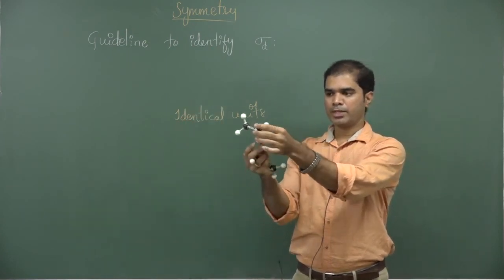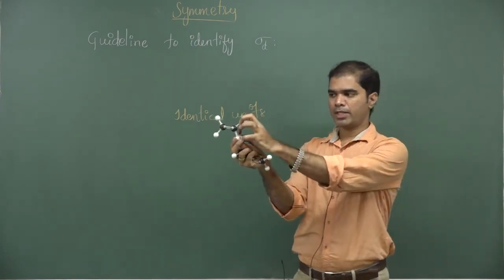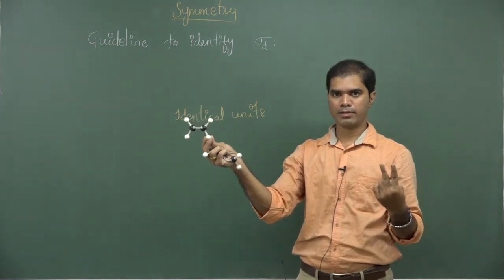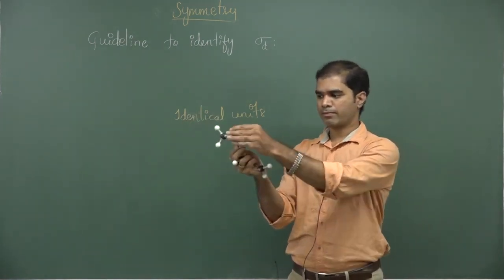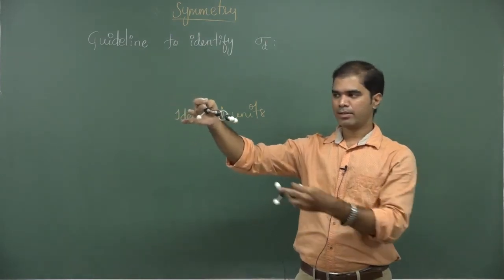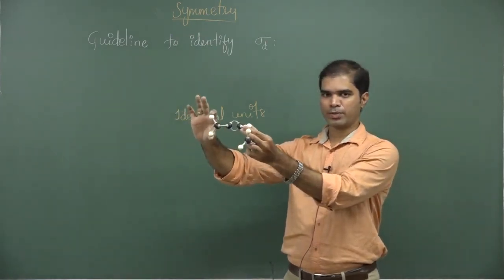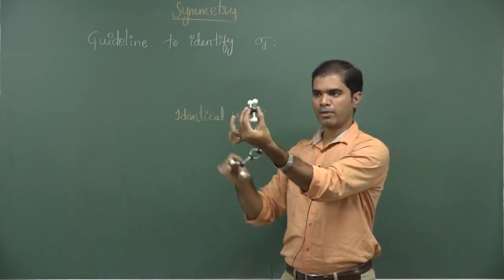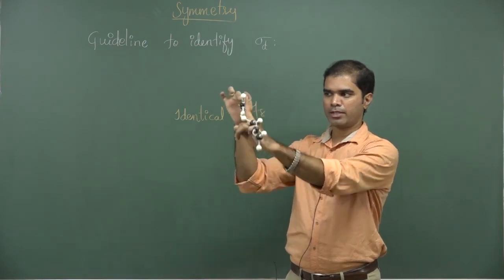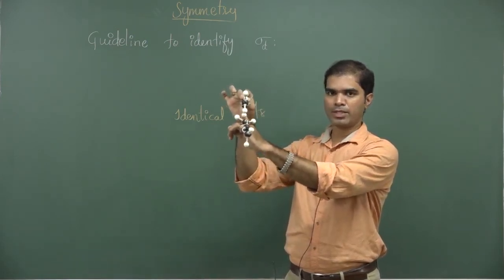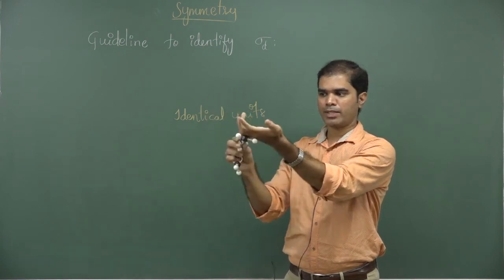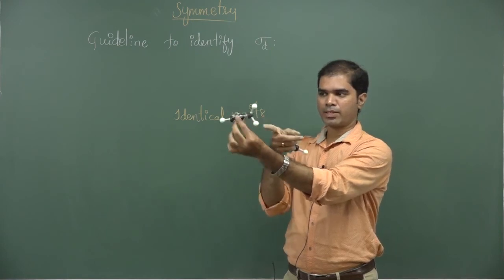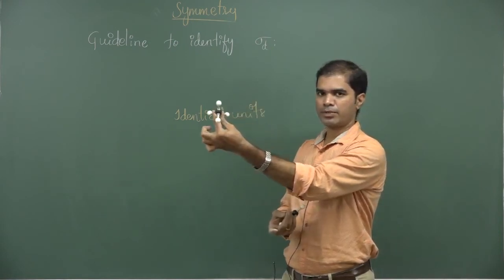In case of ethylene, there is one CH2 unit which is identical to the other CH2 unit. So we say that there are a minimum of two identical units. When it comes to allene, there are also two identical units, CH2, CH2. But check how they are oriented. In case of ethylene, if you are looking from this direction, this CH2 is exactly eclipsed over the other. Whereas in the case of allene, they are staggered to one another. One CH2 unit is staggered to the other CH2 unit.